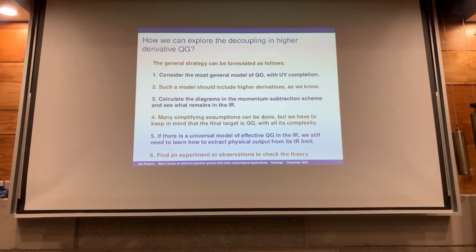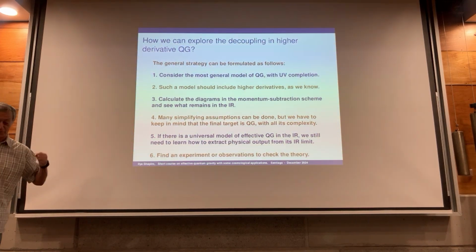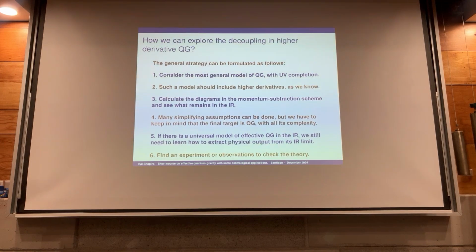And the question is what we expect. So we calculate something which is quantum gravity in the infrared. Today in the afternoon, I will show you how we work with the universal limit of infrared quantum gravity according to John Donoghue. And when we calculate something, we have to look for experimental observations to check our theory. This is very important.